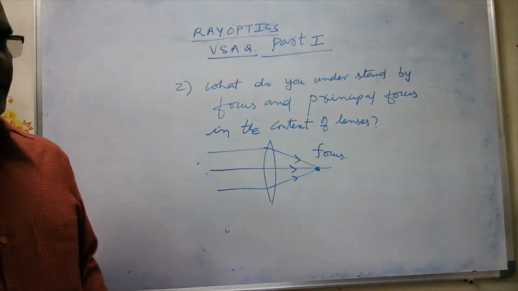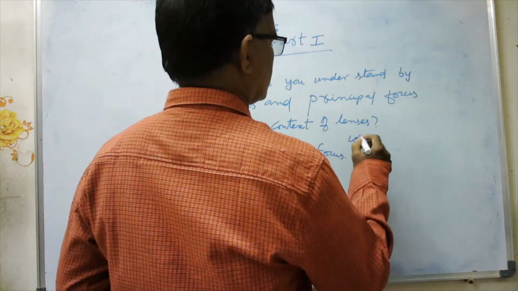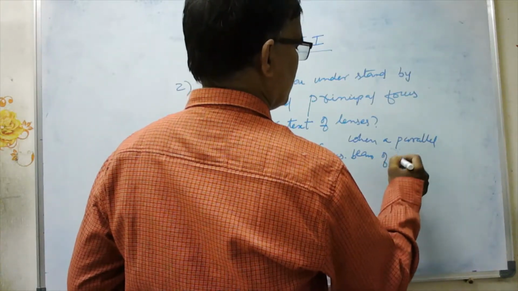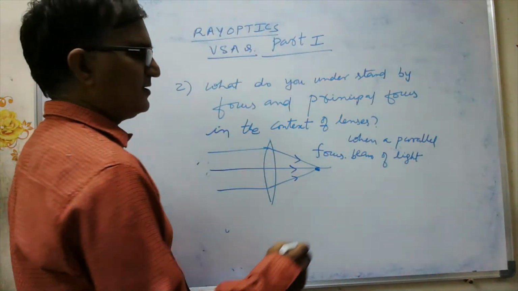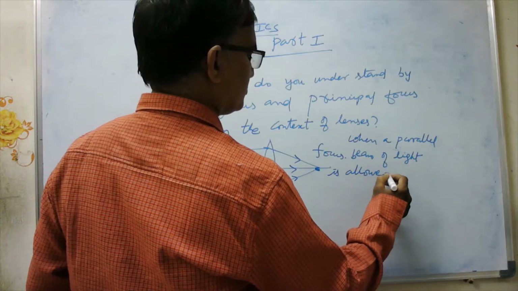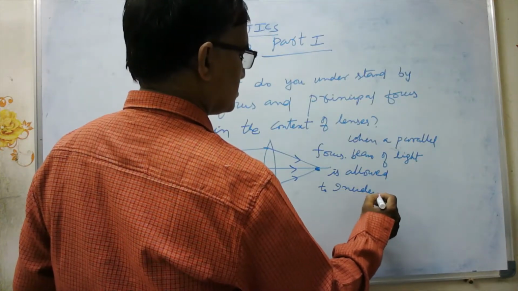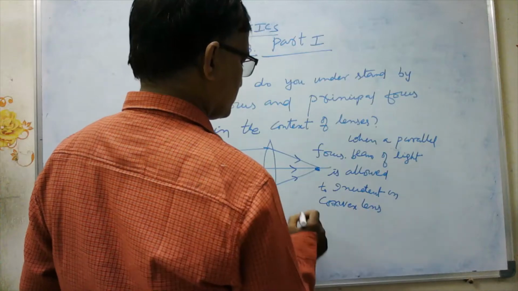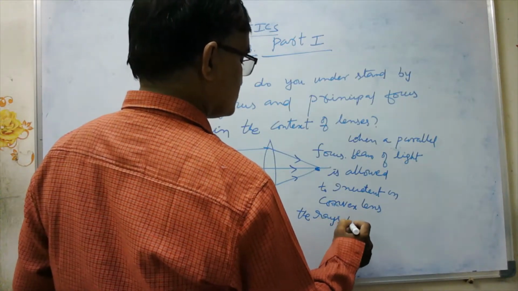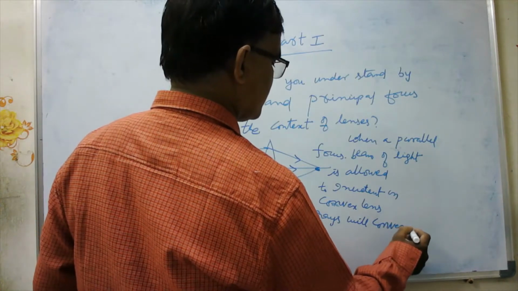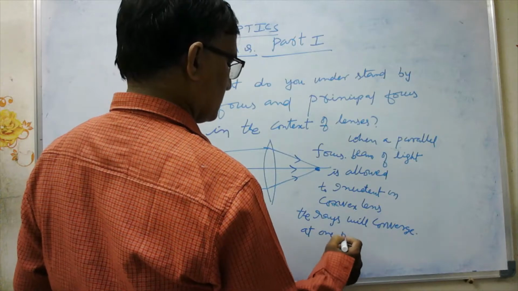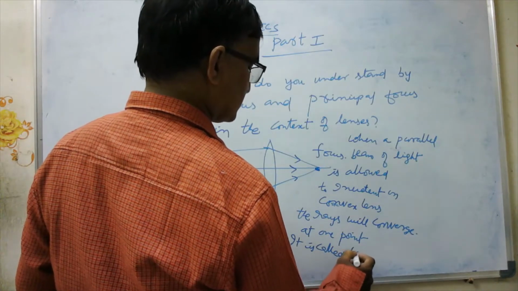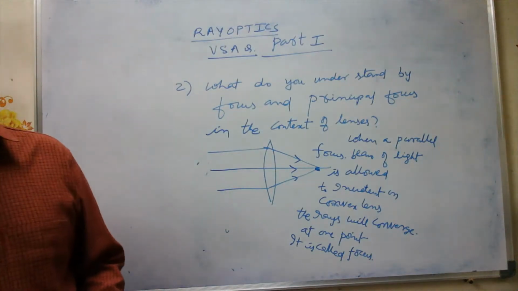Here is a point through which, when a parallel beam of light is allowed to incident on a convex lens, the rays will converge at one point. It is called focus.